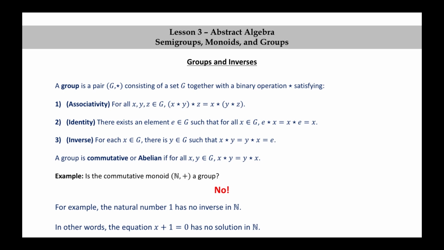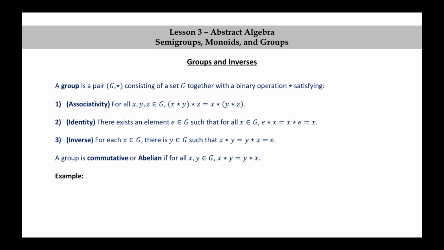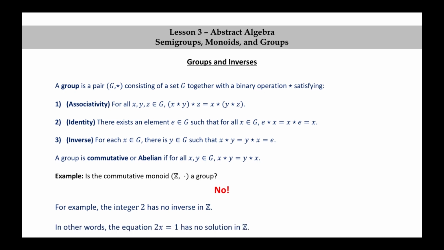In other words, the equation x + 1 = 0 has no solution in N. There is no natural number that you could add to 1 to get 0. Is the commutative monoid Z together with multiplication a group? No. For example, the integer 2 has no inverse in the set of integers. In other words, the equation 2x = 1 has no solution in Z. There is no integer that you can multiply by 2 to get 1.